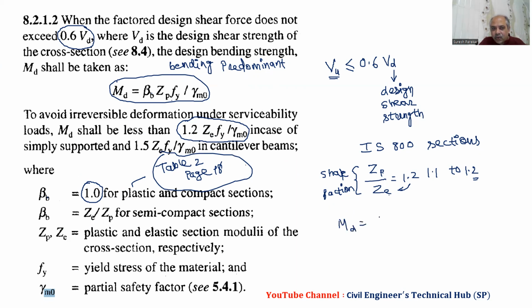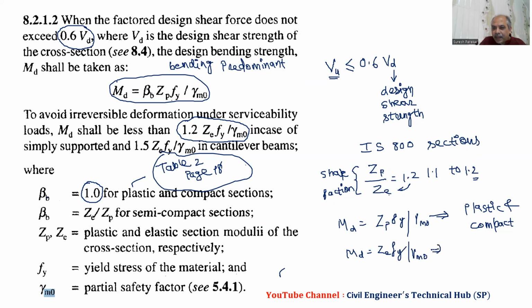MD is equal to ZP Fy upon gamma m0. This is for plastic and compact. And if we go for semi-compact, then MD is equal to ZE Fy upon gamma m0. This is for semi-compact. So that you have to see.